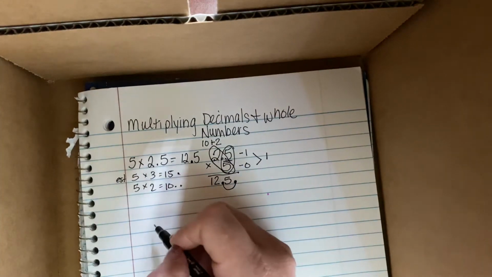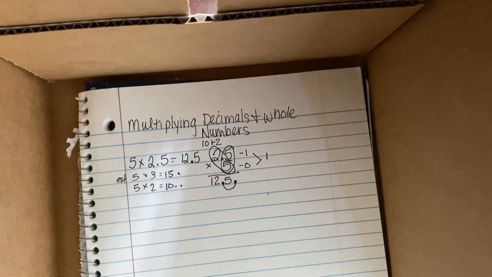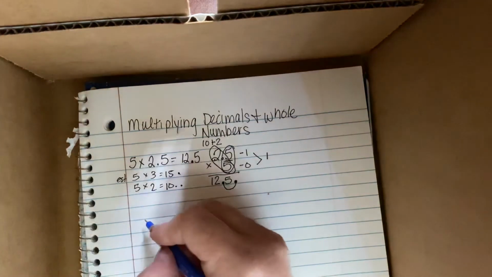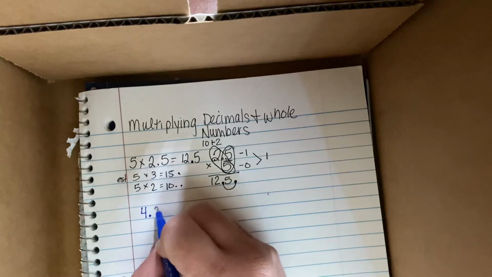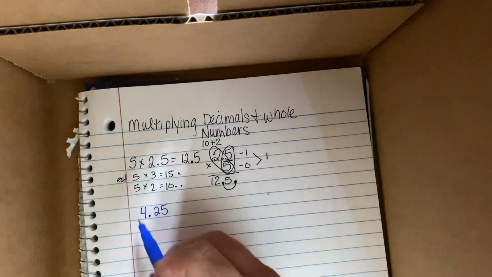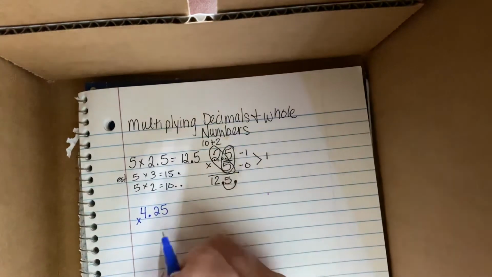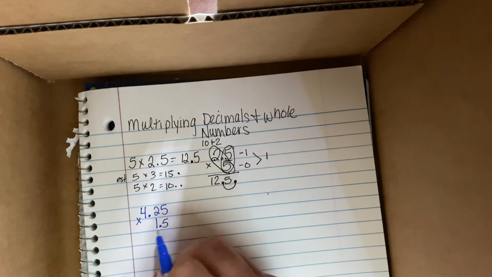It's going to be like a 3-digit number times a 2-digit number, but they're both going to have decimals. So we're going to do 4 25/100 times 1 5/10.